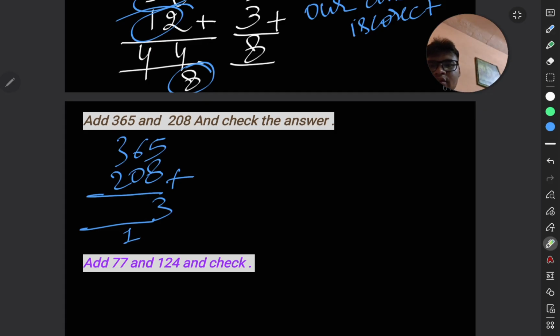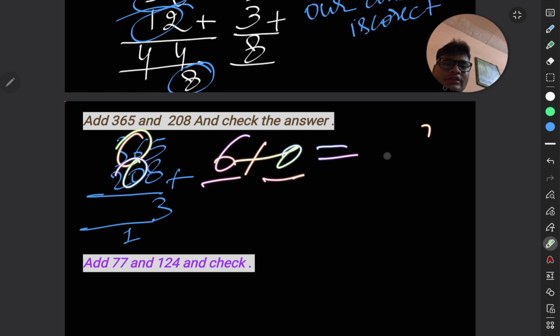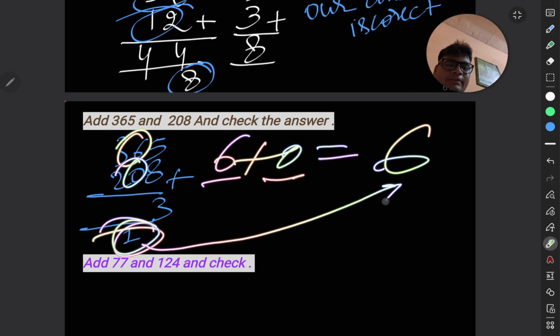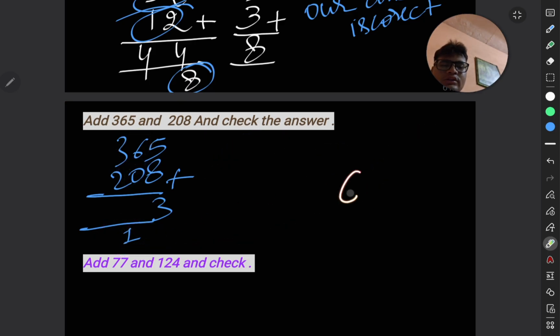Okay, now here is 6 and 0. We will add this 6 and 0. 6 plus 0 is equal to 6. Also 1 is carry. We have to add this carry to this number, so we will add 6 plus 1, which will be 7.